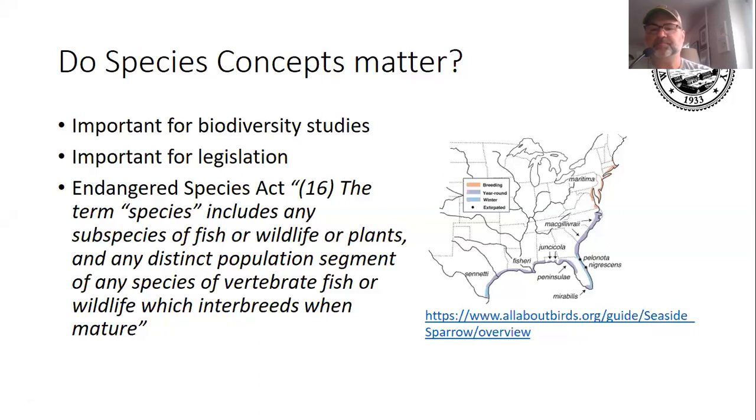And that subspecies went extinct. So the question is, did we lose a species or did we lose a subspecies? So in one case, it would just be an interesting population, and in one case, an entire species went extinct because of development on the Florida coast.